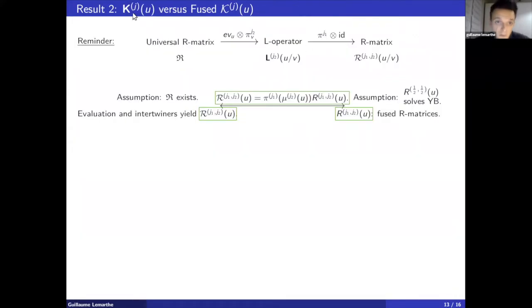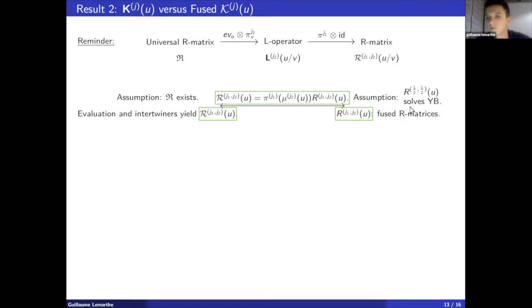So now we want to compare the bold Kj of u coming from the universal K matrix with the fused Kj coming just by fusion. Okay. So recall that for the universal R matrix, through evaluation, you get L operators and R matrices. So actually, we can do the same. That is, we can relate these R matrices coming from the universal R matrix to the ones coming just by fusion formula.